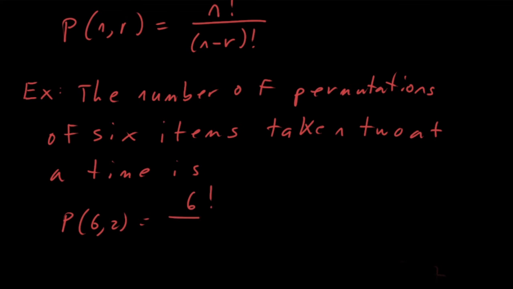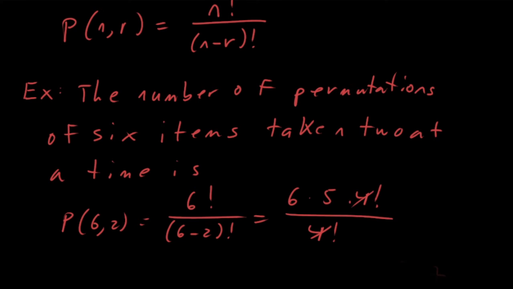Six factorial over 6 minus 2 factorial, which is equal to 6 times 5 times 4 factorial. You're going to see why we stopped at 4, because this is 4 factorial. These cancel, and you're left with 30. So there's 30 possible permutations when you take 6 items and you take it 2 at a time.